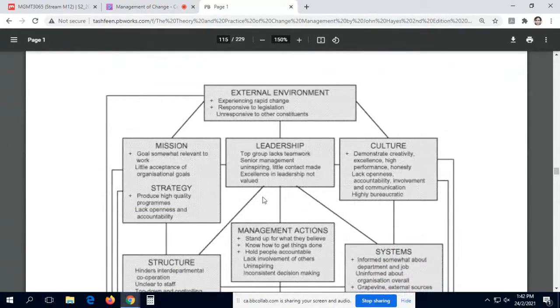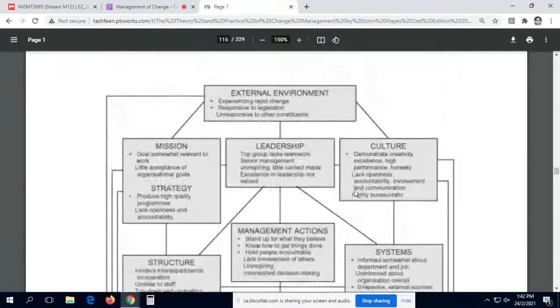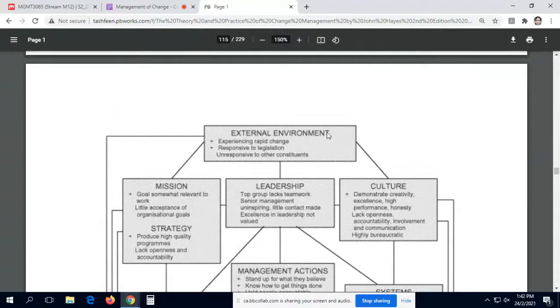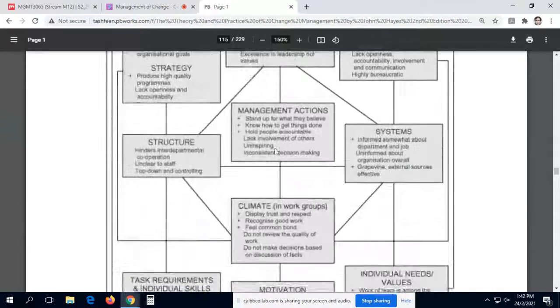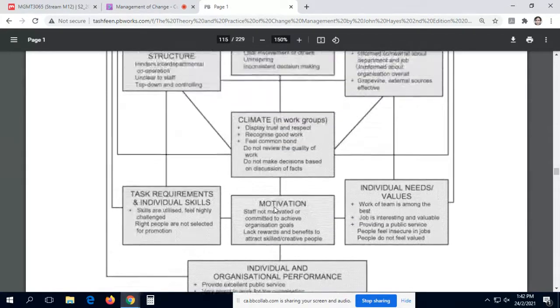It seems to be essentially the same picture: external environment on the top, strategy, leadership, culture, and then the transactional ones, management actions, work unit climate, motivation, task. So it's the same picture as Burke and Litwin.